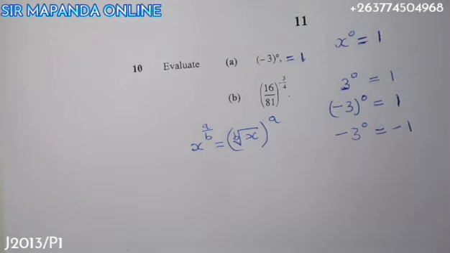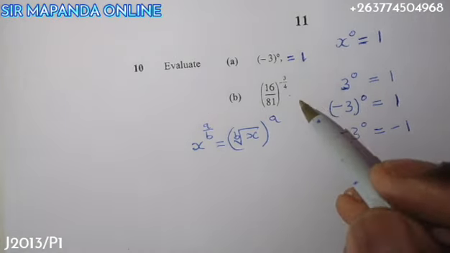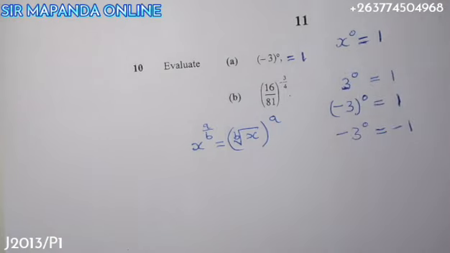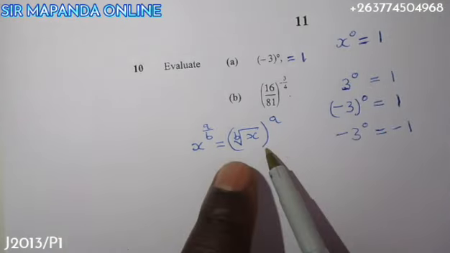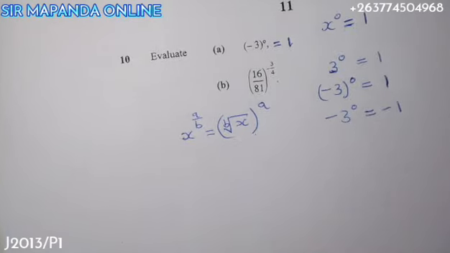But this can only be done if the power is positive and not negative. Here we have minus 3/4, so we are not allowed to apply this law whilst the power is negative. So we need to erase the negative sign first before applying this law.